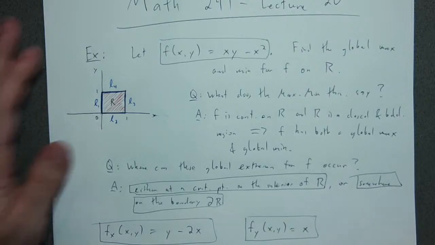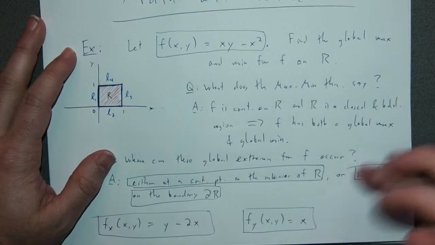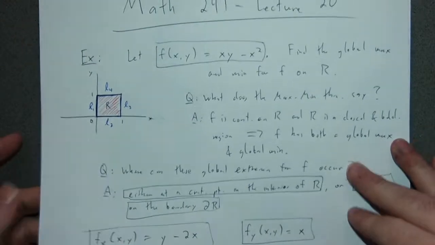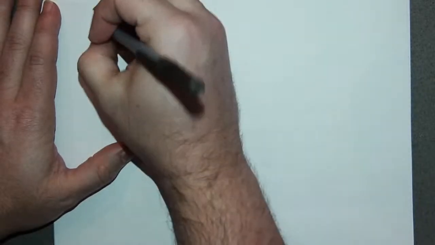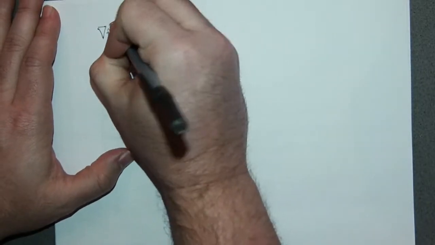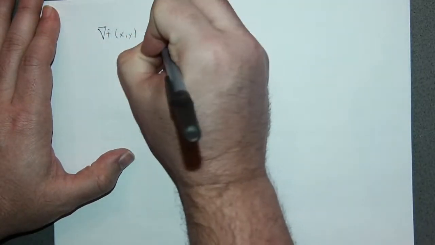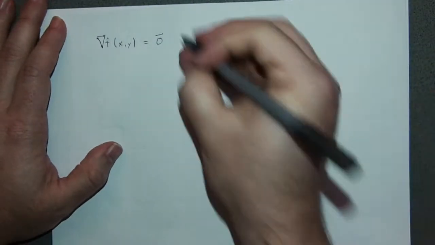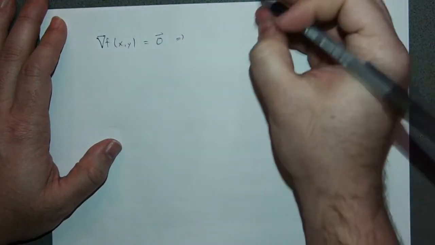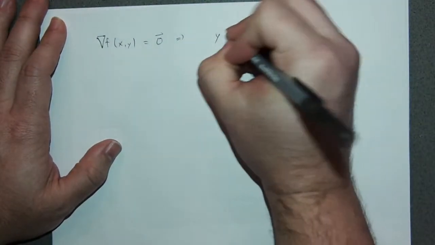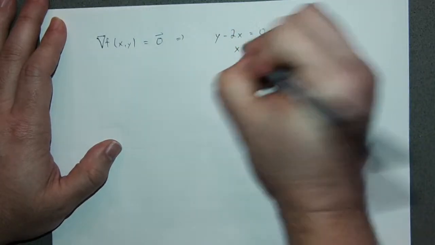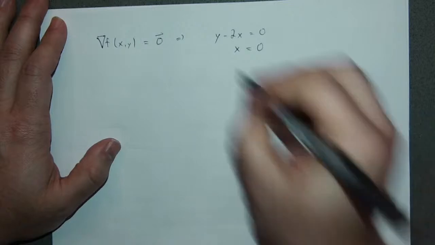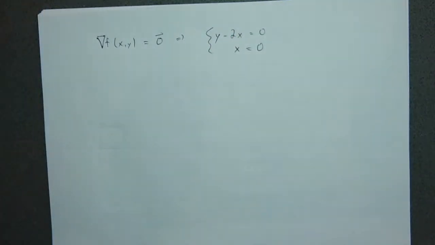All right. Setting both of these equal to 0. Well, maybe I'll do it on the next page where I have more room. Okay. So setting the gradient of f(x,y) equal to the 0 vector. What does this give me? This tells me that the x partial, which I found to be y minus 2x, is equal to 0. But also, the y partial, x, is equal to 0. These are the two equations I get.